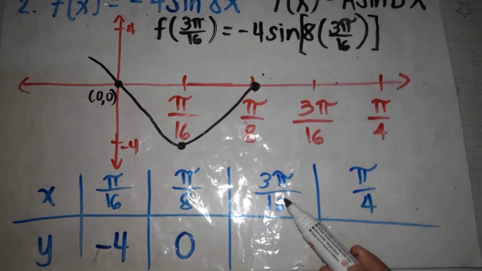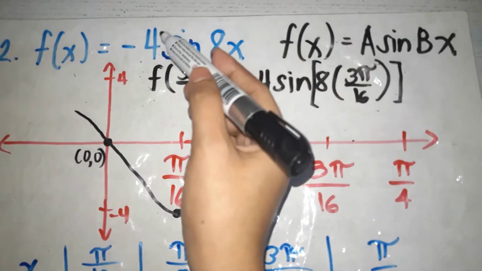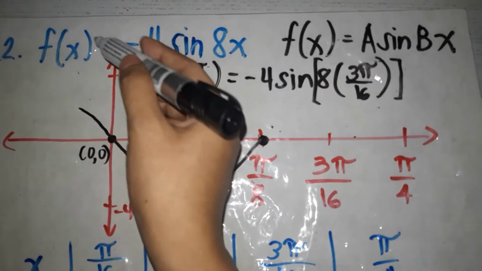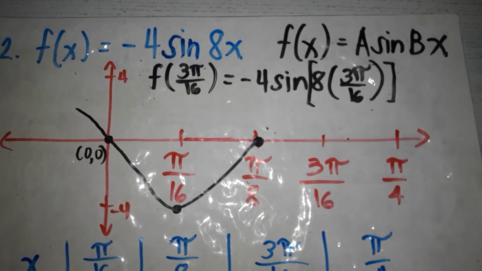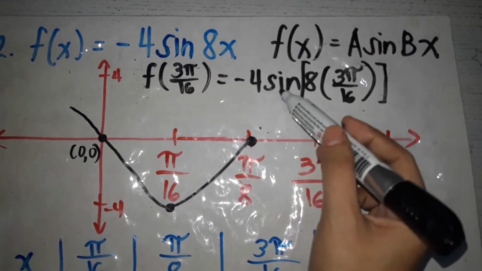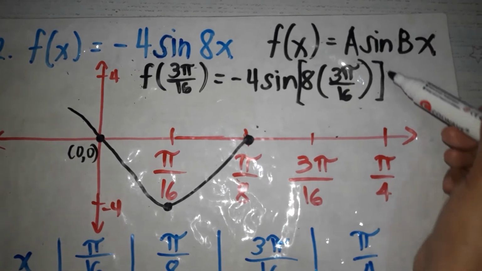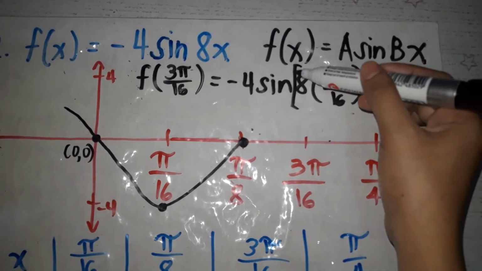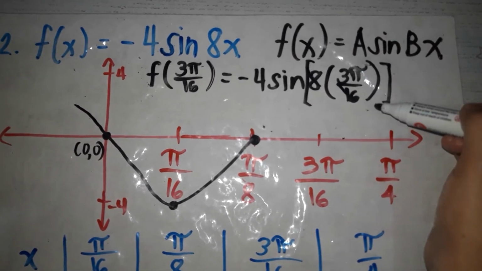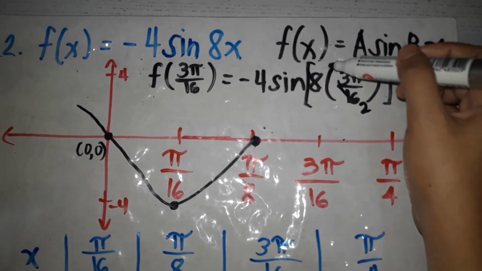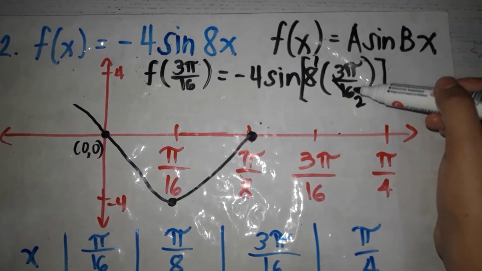Next, when x is equal to 3 pi over 16, we replace x with 3 pi over 16. F of 3 pi over 16 equals -4 sine 8 times 3 pi over 16. Simplify the angle. 8 and 16 are both divisible by 8: 8 divided by 8 is 1, 16 divided by 8 is 2.